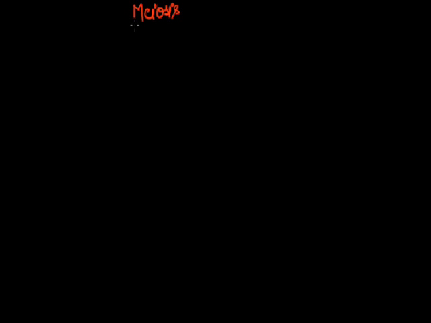The meaning of this term. If you break the word, you will get two words here. The first word is meio, M E I O U M. The term means to reduce, while the second word is osis, O S I S. Osis means state.